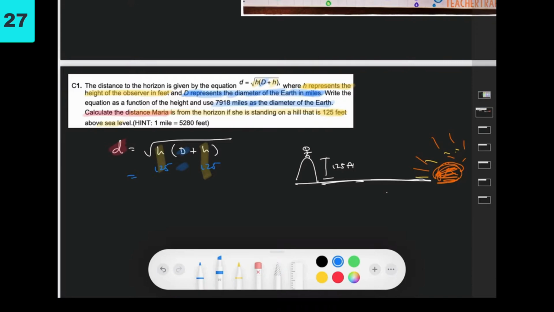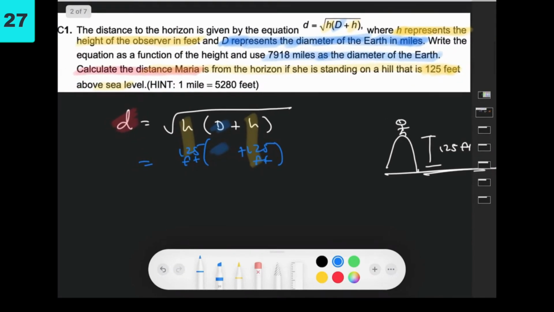Okay, so here's my problem, is that this is in feet, this is in feet, and this one is in miles, 7,918 miles. Okay, so here's the good news. This little information can help us convert it.